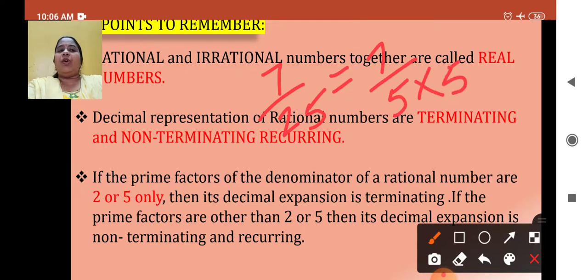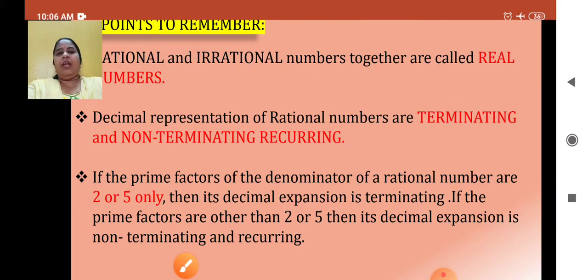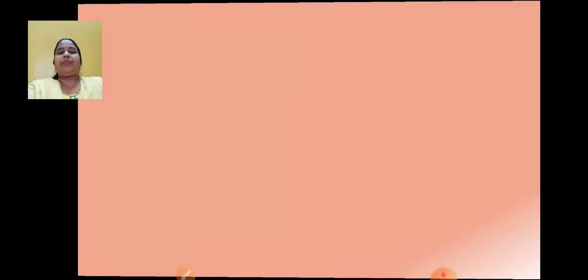Yes. Now without solving also I can say that the decimal expansion will be terminating. Why? Because it is having 5 in it. 5 and 2 only, then it is terminating. Otherwise it is non-terminating, reoccurring. I hope you remember this, that we have done as practice set sums. Okay. Right. So write all these important points to remember from this chapter.